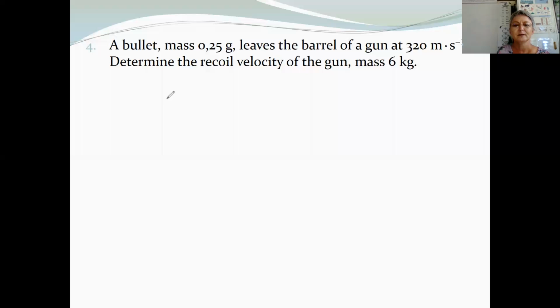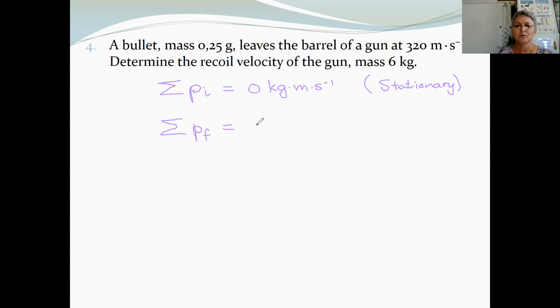Now, the bullet and the gun were initially stationary, so the initial momentum is 0 kilograms meters per second. Once the shot is fired, the gun recoils, pushes back, kicks back, while the bullet moves forward.